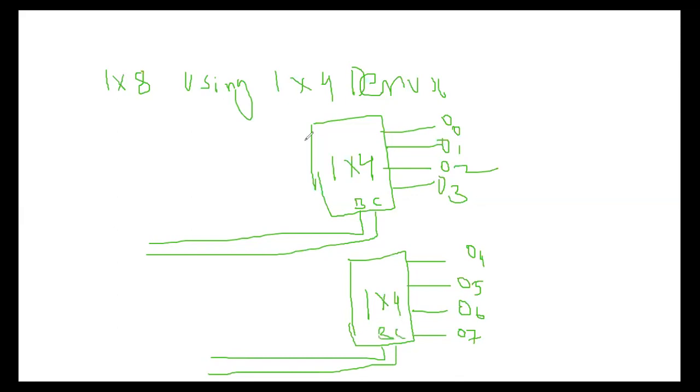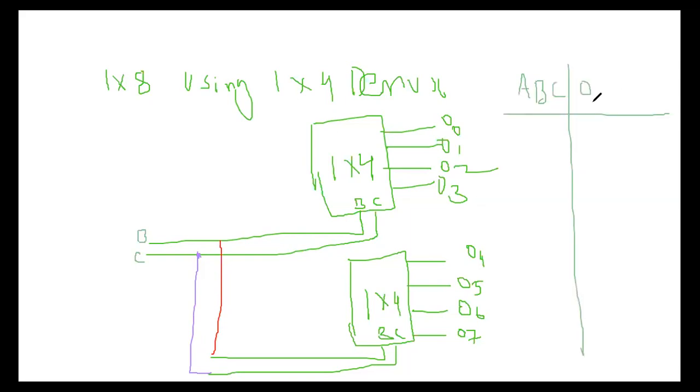So B is connected here, and C is connected here. The other inputs are the B value and this one is C. So a 1/8 demultiplexer means that the selection lines are A, B, and C, and the outputs are from O0 to O7.